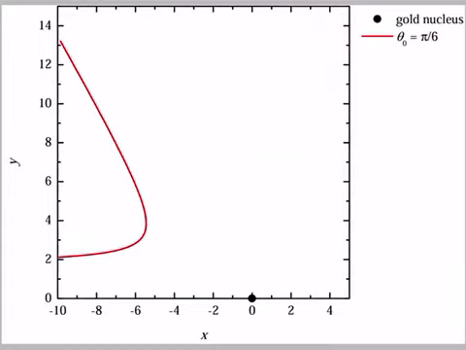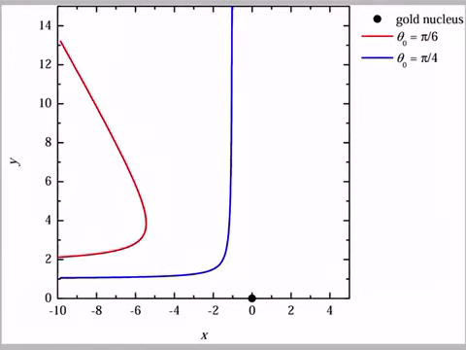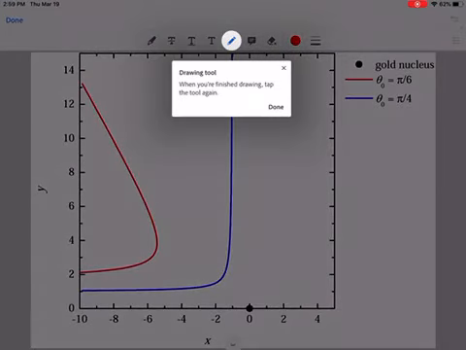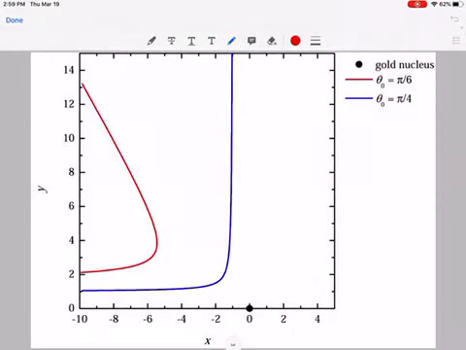Okay, so all I'm going to do is make the exact same plots, but change the theta naught value. So here theta naught is pi/4. This angle between the horizontal and the position of closest approach is now pi/4, or 45 degrees.